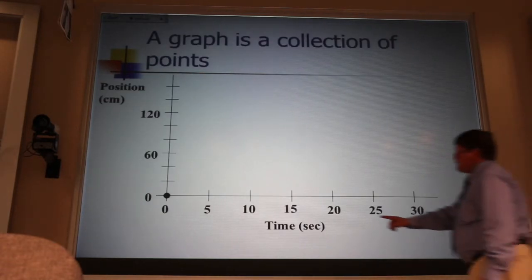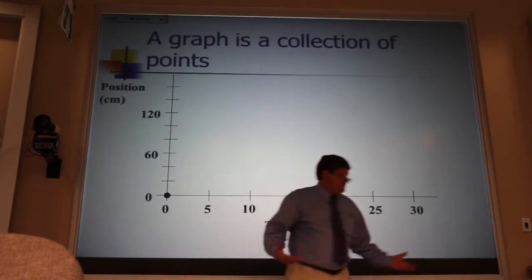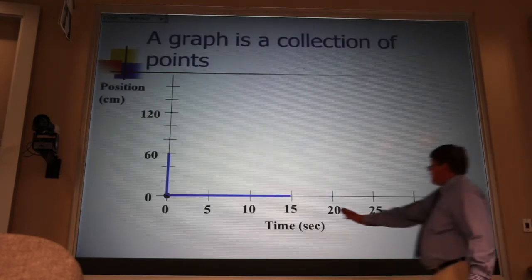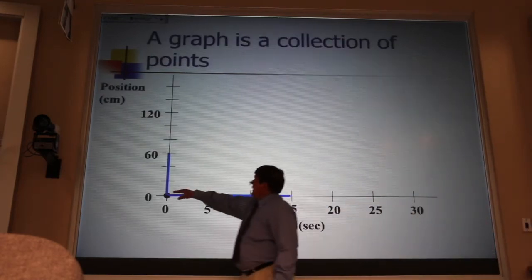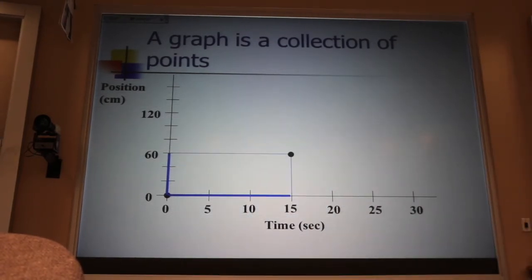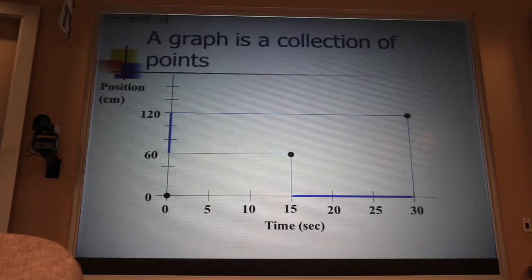So I put a data point. At time equals 0, it's at position 0. And then I wait 15 seconds and it's gone 60 centimeters. So I go out 15 seconds, I go up 60 centimeters, I put a point. I hope you're bored. I then wait 15 more seconds, I do it again.